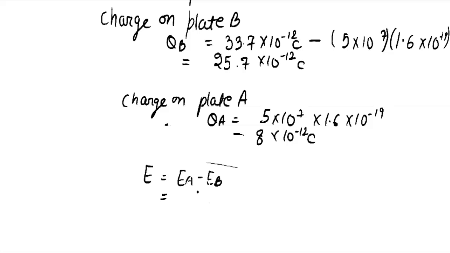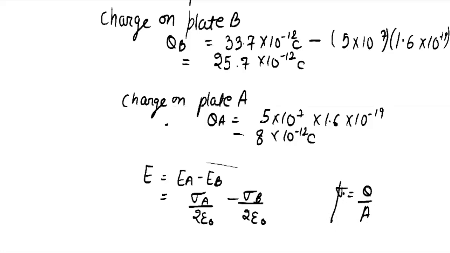So we simply write sigma A divided by 2 epsilon naught minus sigma B divided by 2 epsilon naught. Sigma equals Q by A, charge per unit area.